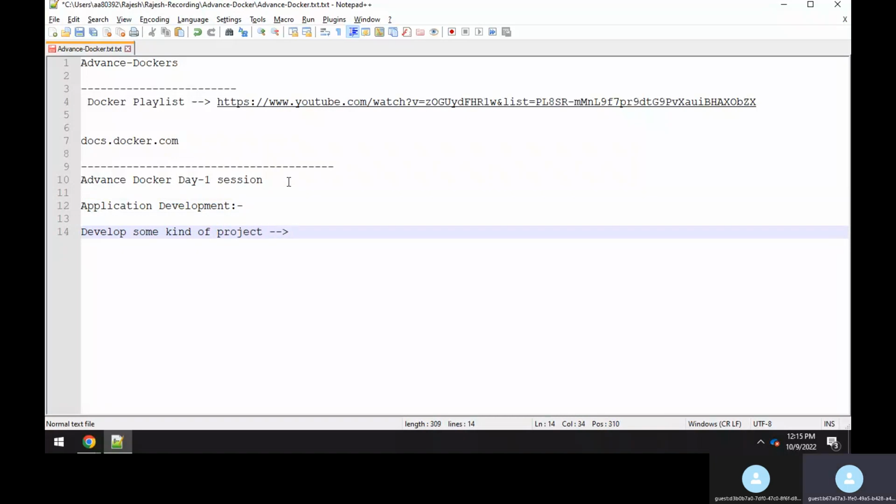For example, if a developer is developing an e-commerce project, they might use Java as the language to write the e-commerce project.